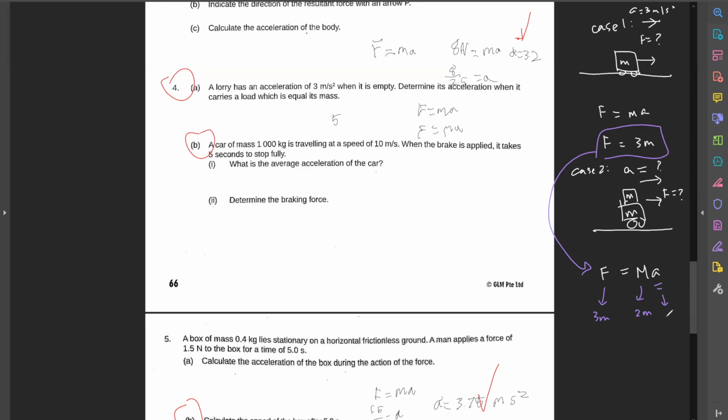Then question mark here is how much? 3m over 2m. Yes. Then they want a value for the acceleration. So we do this, then you get 1.5. Then 4b is not related, so I'll clear.